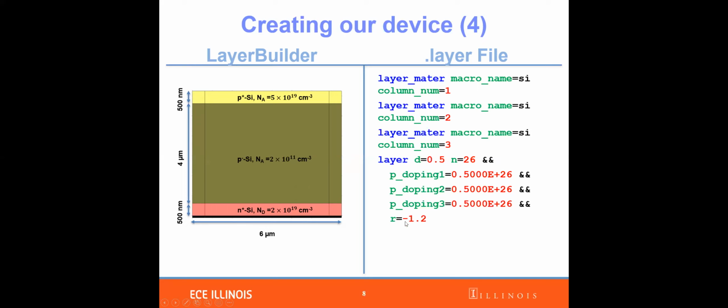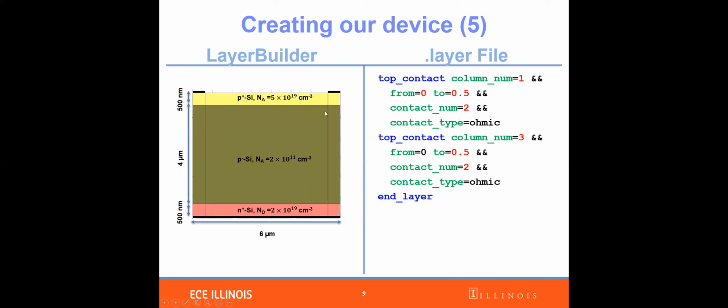Here we use an R ratio of minus 1.2, which means your mesh becomes looser as you increase your Y value. So we are going to have dense mesh at this interface and this interface, and also a lot of mesh generated in this lightly doped P region.